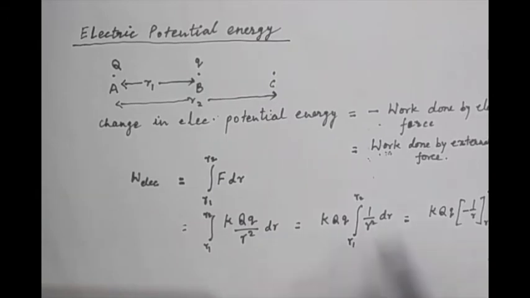Putting the values r2 and r1, we get K Q q times 1 by r1 minus 1 by r2.